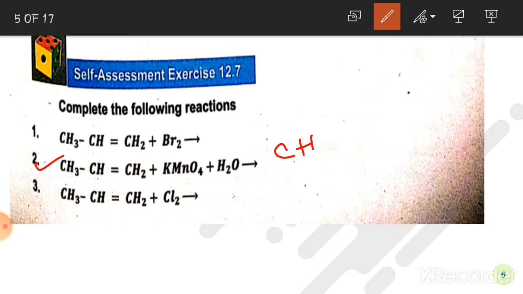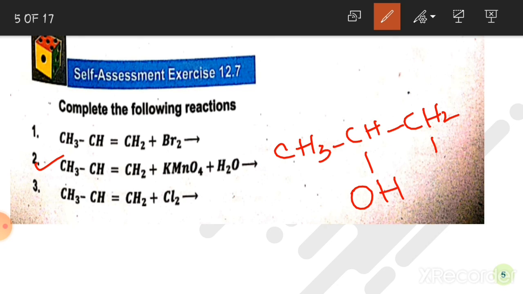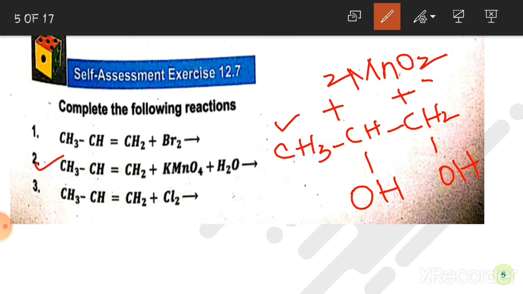So first, we will open up the double bond, and then we will attach two hydroxyl groups across the double bond. So this is our product, and we will also get MnO2 plus KOH along with it. The rest you will balance in the chemical equation.